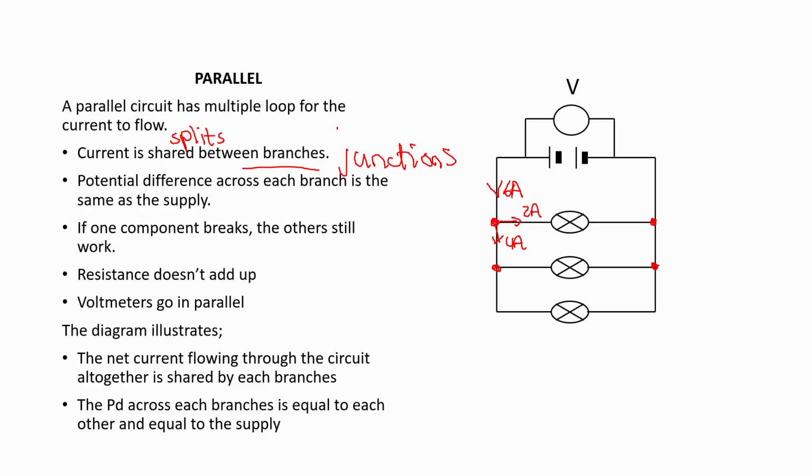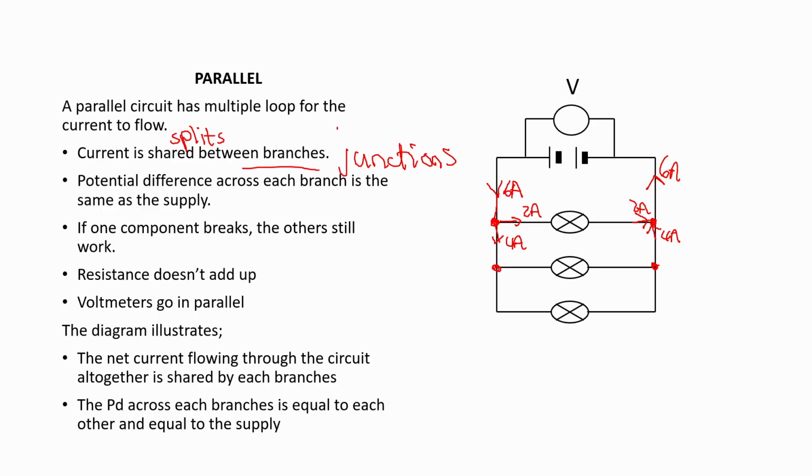And so when the current gets to the junction, it splits, and then when it gets back to this junction here, if I've got 2 amps coming in this direction and 4 amps coming in this direction, they join back up to make the 6 amps that goes all the way through the battery. So it's that idea of the current splitting.